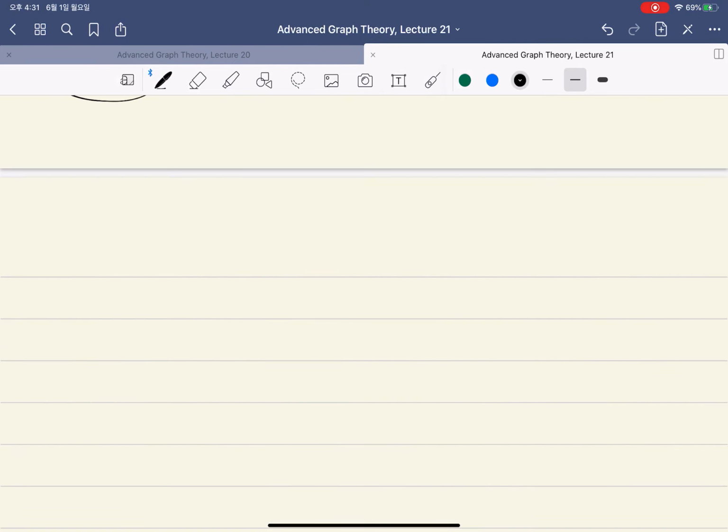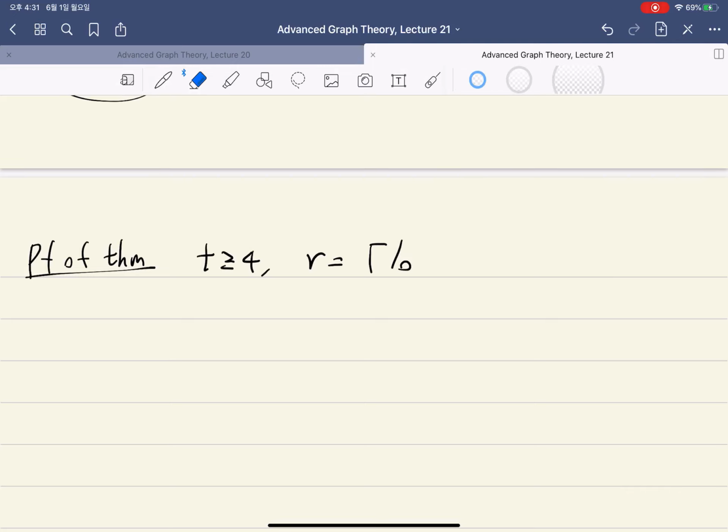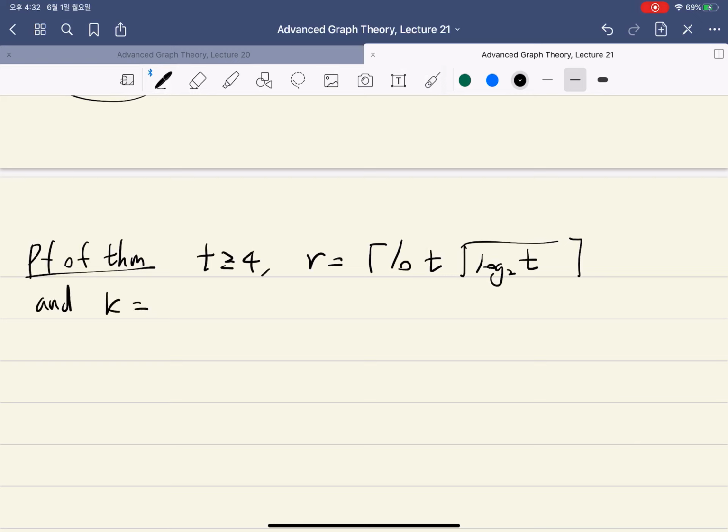So now we want to prove the theorem. Let's say t is at least 4, and r is the integer which is 10 times t times square root of log t, and k is 2 square root of log t.